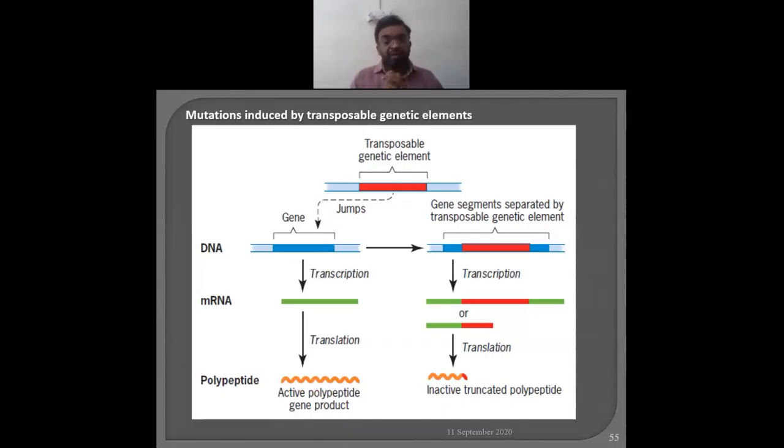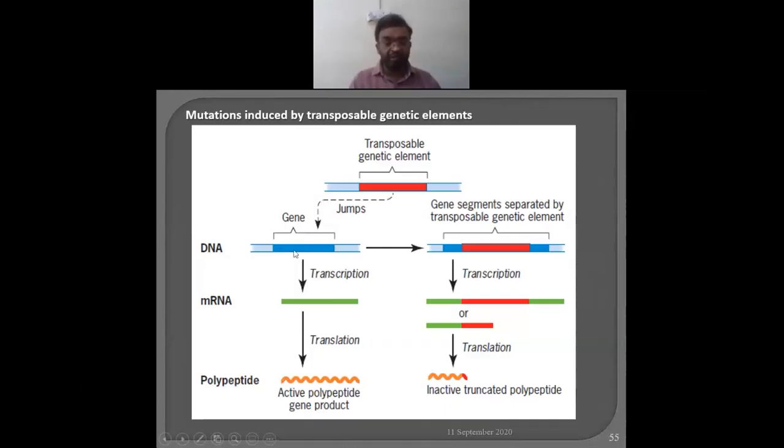But the transposable elements are also responsible for causing an expressible, detectable mutation when the transposable element gets incorporated into a particular gene. Say, for example, this is a normal gene. After transcription, translation takes place, and this is active.